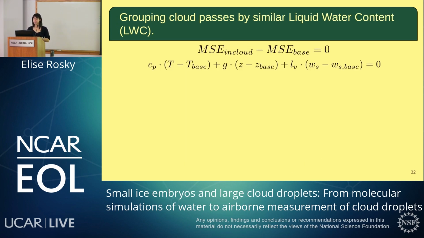So the next step for my analysis was to group all of these different cloud passes by similar water content. So since the moist static energy is conserved throughout the cloud, the value at the base should be the same as any value at any level in the cloud, so that this expression should hold true with values at the cloud base.